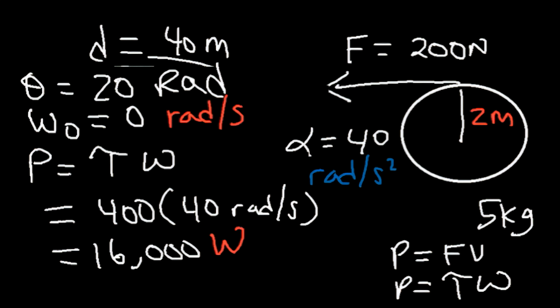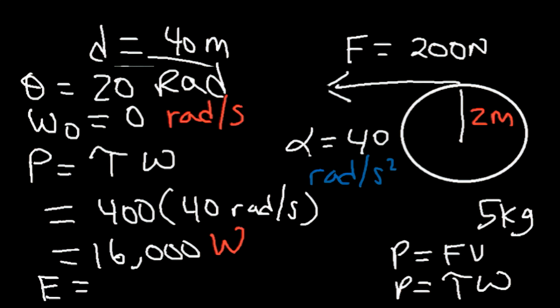1 watt represents a transfer of 1 joule per 1 second. So 16,000 watts means that in 1 second, 16,000 joules of energy is being transferred from the force to the disk. Now, if 16,000 joules of energy is being transferred every second, how much energy is being transferred in 10 seconds?